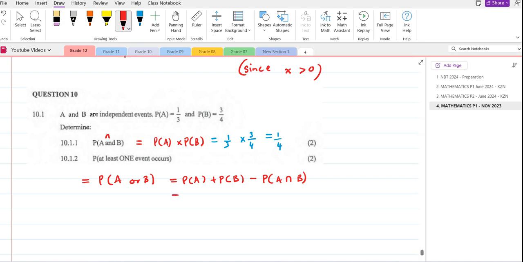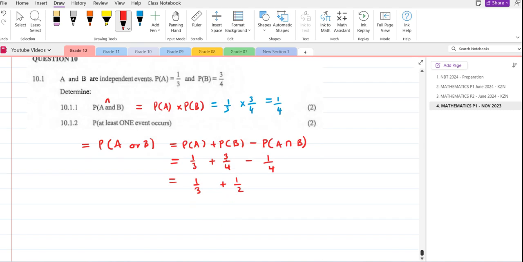Probability of A is 1/3 plus 3/4 minus a quarter. You can see 3/4 minus a quarter, that is A and B, is already a quarter, we worked it out. So 1/3 plus a half. You're going to get 2 plus 3 over 6, which is 5 over 6.